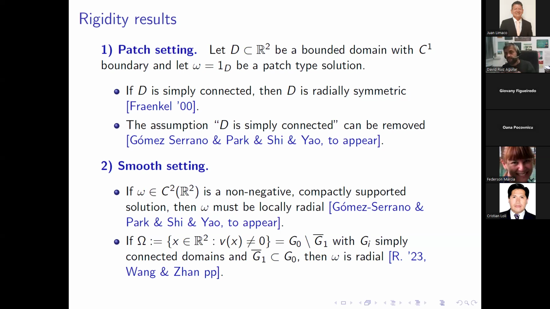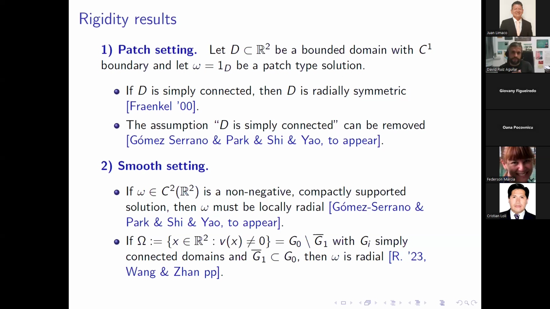In this case, if the vorticity is the characteristic function of a certain domain, and the domain is C1, for instance, then the solution has to be radially symmetric.